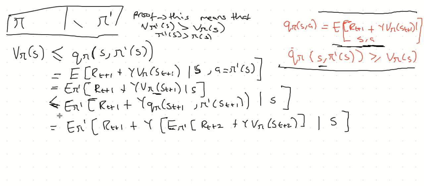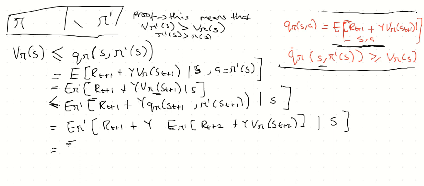I guess there was no need for this, let me just remove that here. Okay. So this is the stage that we're at with this proof, and now we're going to break it down even further.